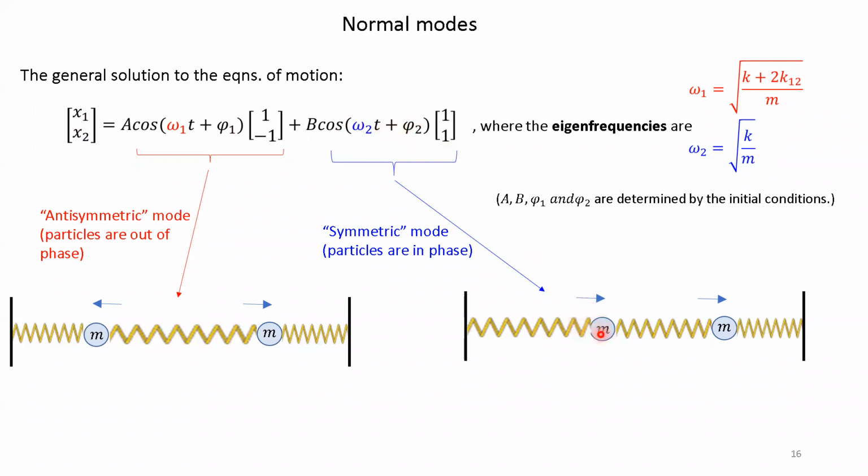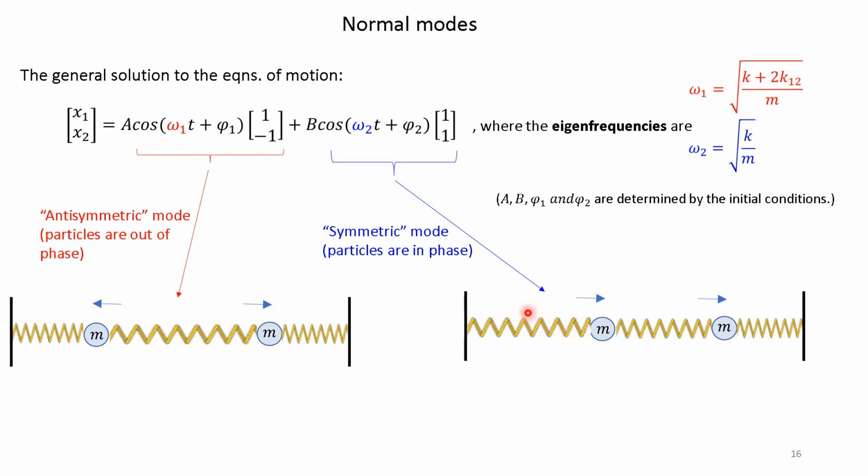When this mass is moving to the right, the other mass is also moving to the right in the exact same manner. But after some time, this one will go back to the left, and then this one will also go back to the left in the exact same manner. Then it does it again and again.